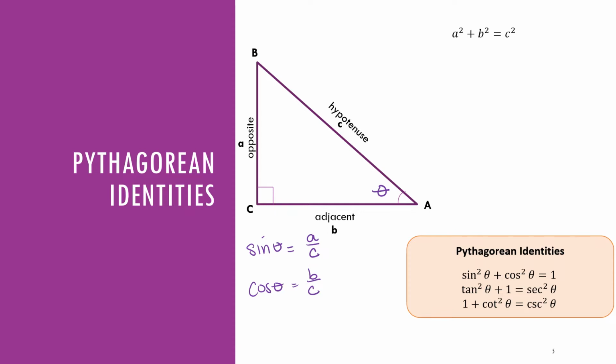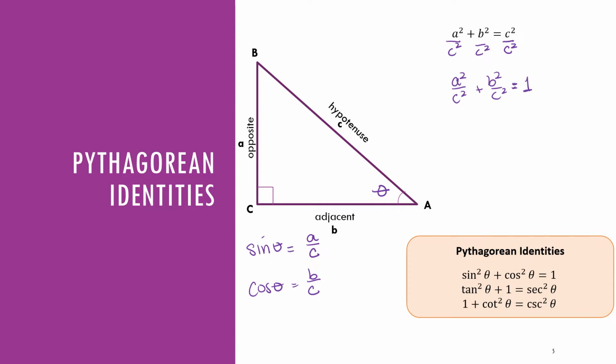All right, so the first thing I'm going to do is divide everything by c squared. So I get a squared over c squared plus b squared over c squared equals 1, because c squared over c squared is 1.